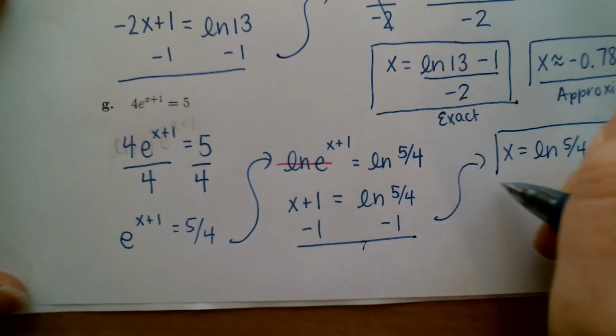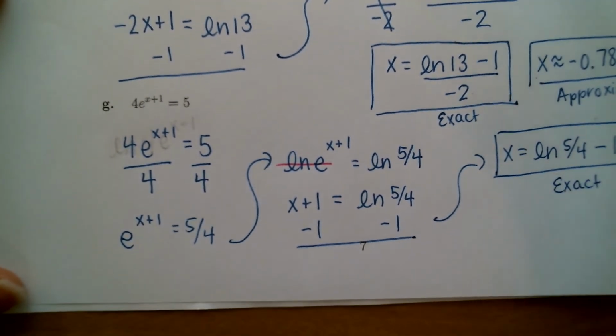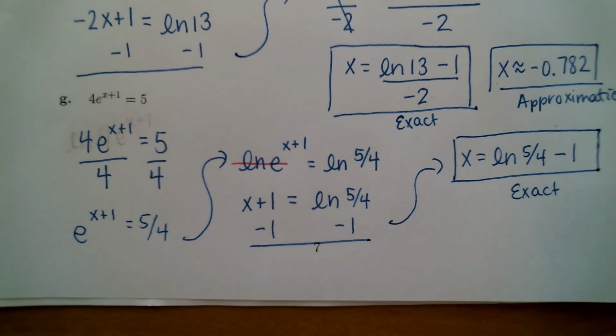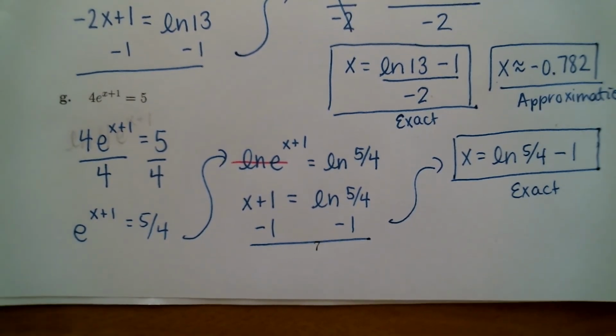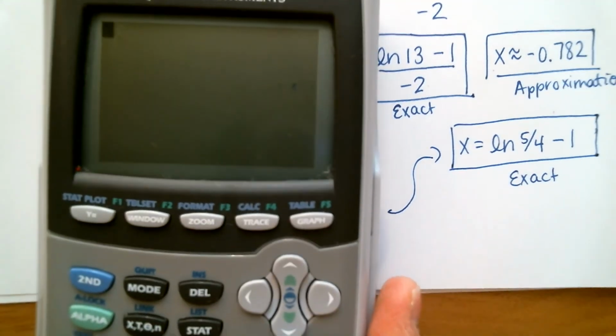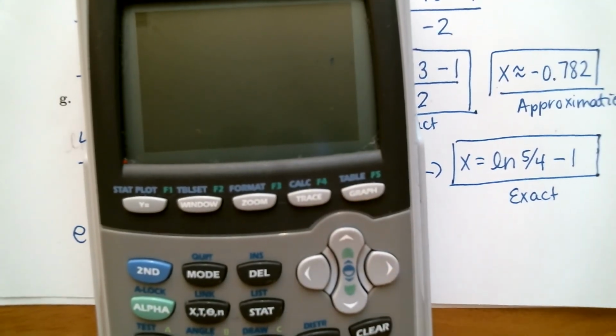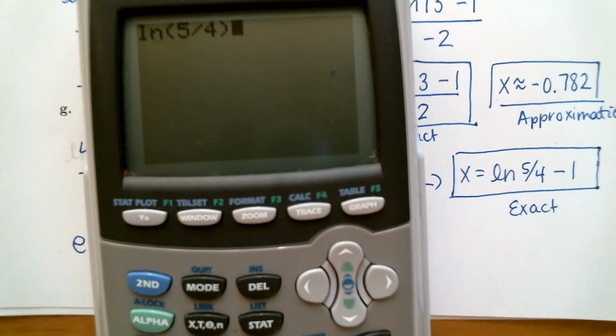This is the exact answer. And if we put this into a calculator, we can get a decimal approximation for this answer. So let's go ahead and do that. We're going to do natural log of 5/4, close the parentheses there, because that's what you're taking the logarithm of.